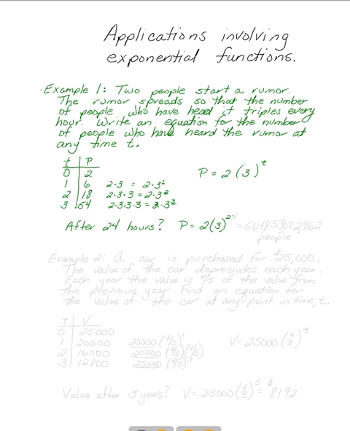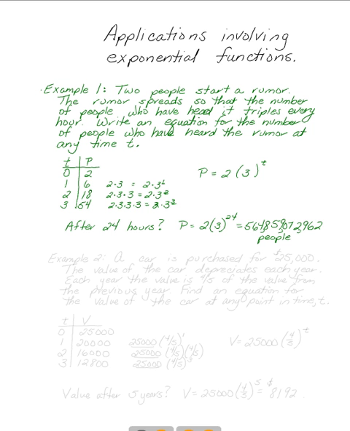So let's see how many people know this rumor after 24 hours, which I think is quite a few. Using my calculator, that gives me the number of people of 5, 6, 4, 8, 9, which is a very, very large number of people to have heard this rumor.